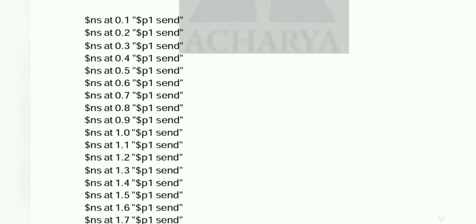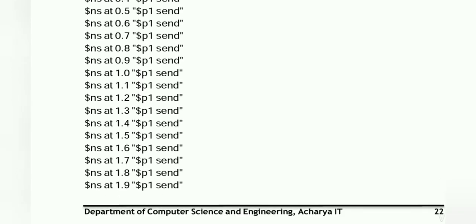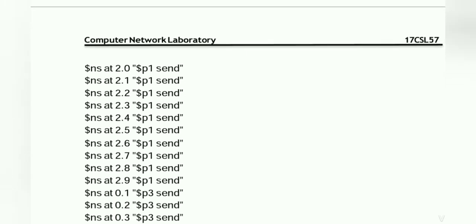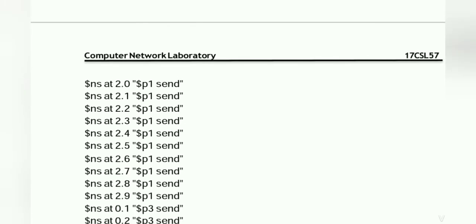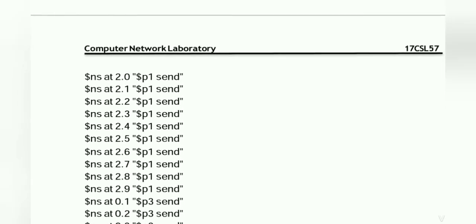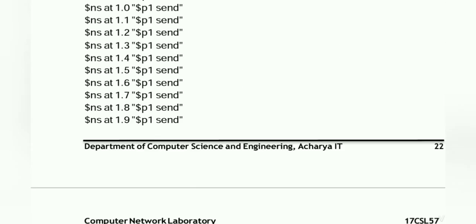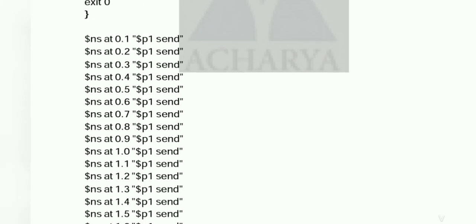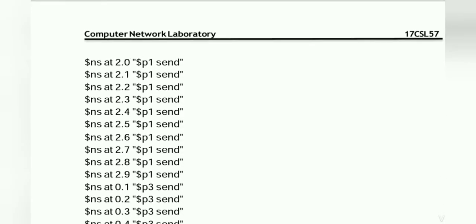We are starting with the interval 0.1, 0.2, 0.3, and it goes on up to 2.9. You can see here, up to 2.9 we have ping agent 1 sending the message, and then ping agent 3 sending the message.